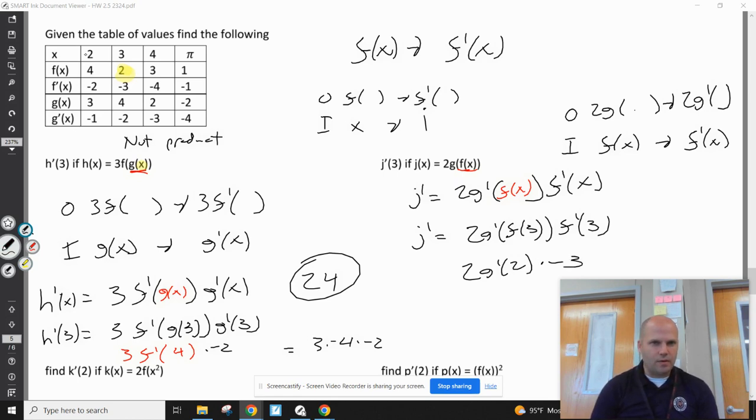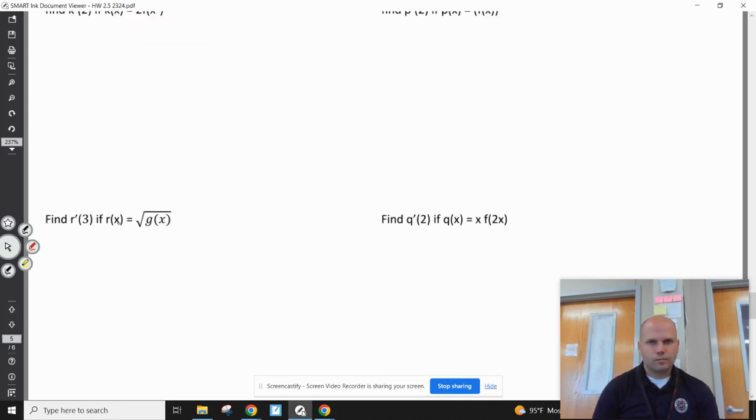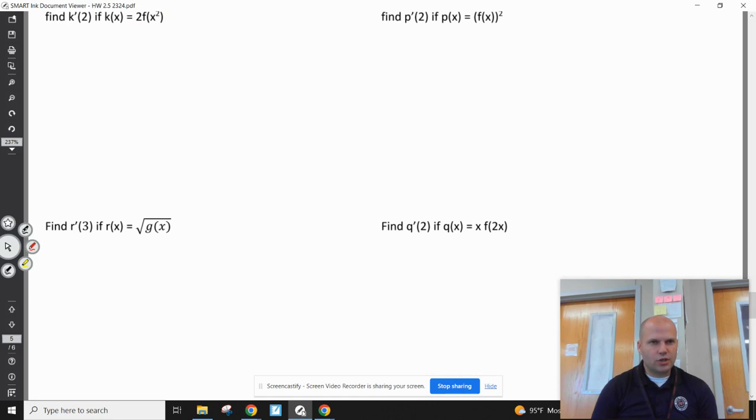G prime of 2 is negative 1. So this is 6. Okay, these are good ones to do to notice that the outside might be the function whose derivative is that.